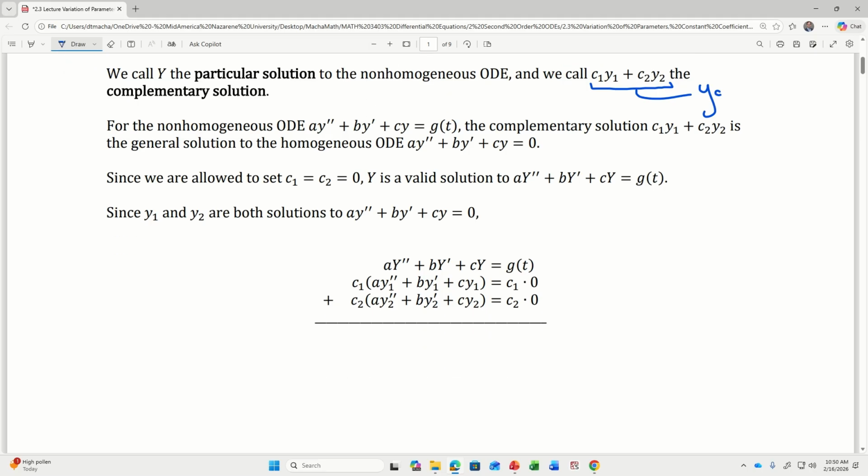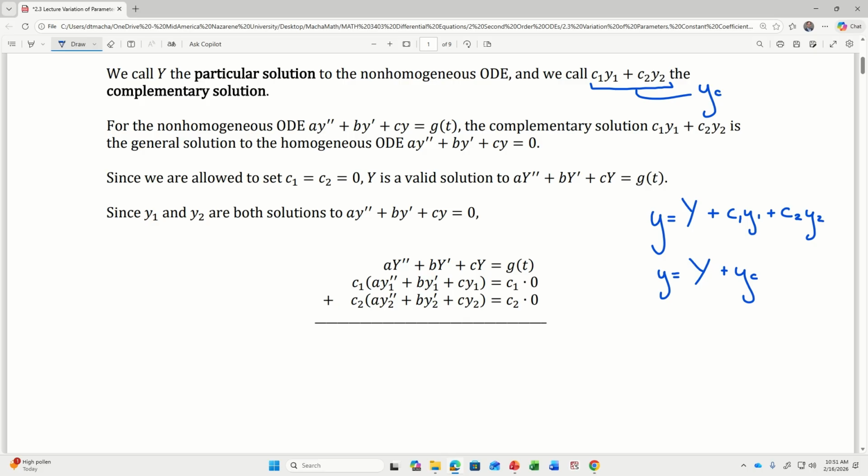Let me rewrite that. My general solution to the non-homogeneous ODE is that particular solution plus the complementary solution. We could say the general solution is a particular solution plus complementary, right?